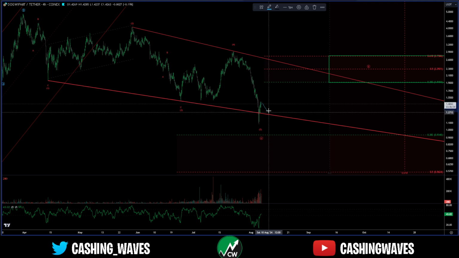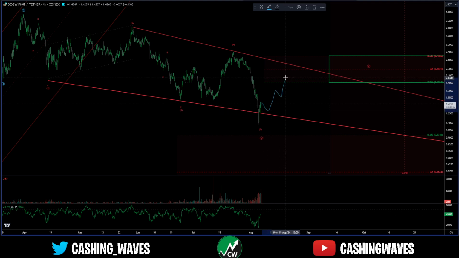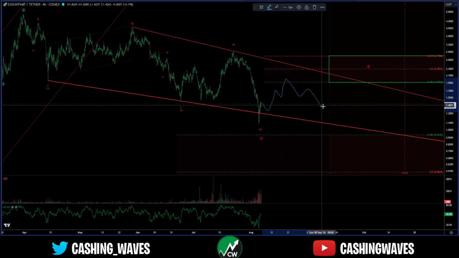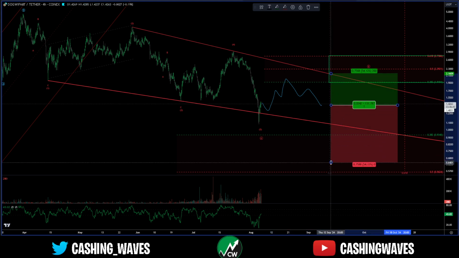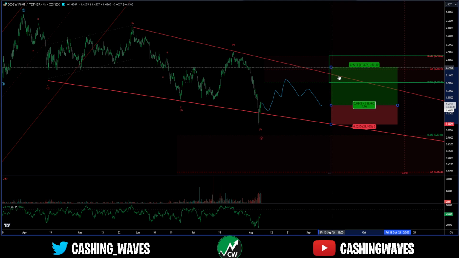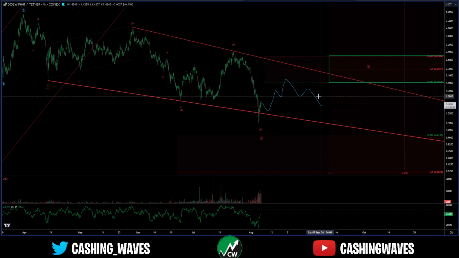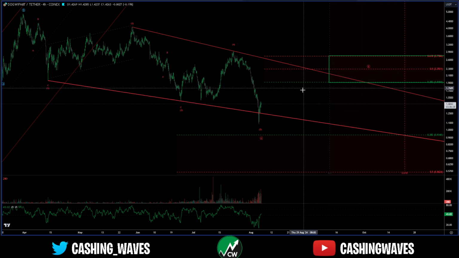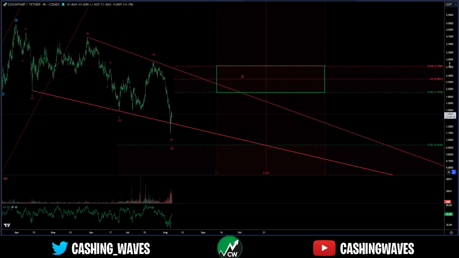But as of right now, would like to see a 5-wave move, look for a B wave, and this is where I would look for a trade setup, something like this. Stop at the low just for a C wave. Might be able to get a 3-to-1, but what I'm more interested in is the short.